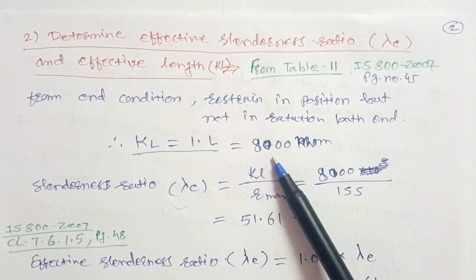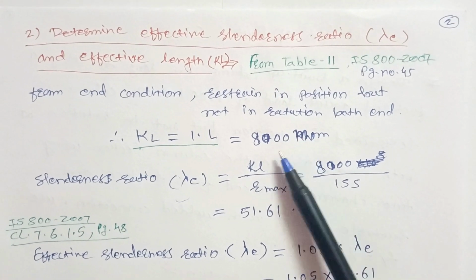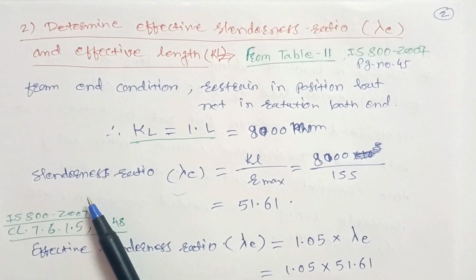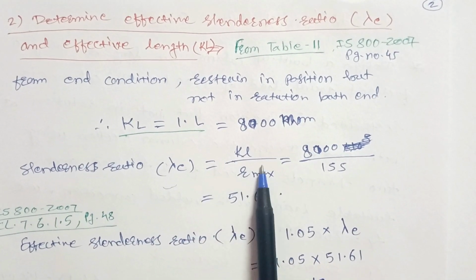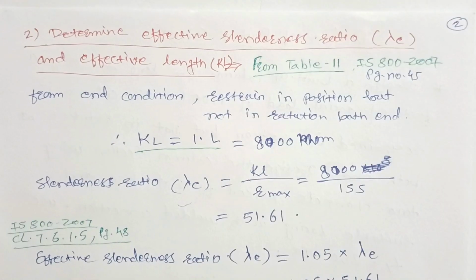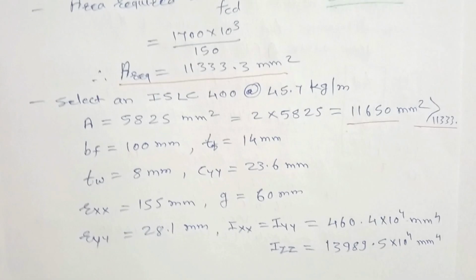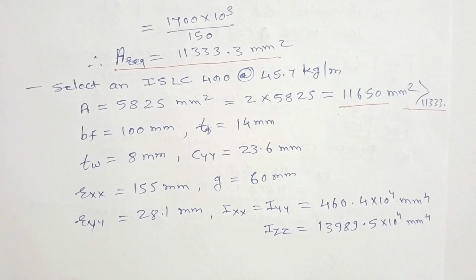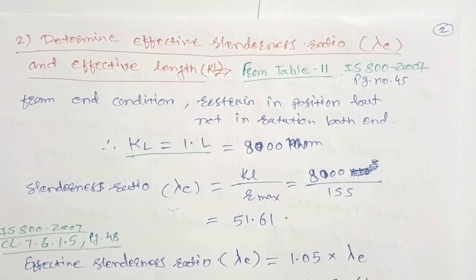Our length of column is 8 meter, so it is 8000 mm. Similarly we have to determine slenderness ratio, that is KL upon R maximum. As we already wrote the RXX and RYY values, the maximum value R max is 155 mm, so it comes as 51.61.